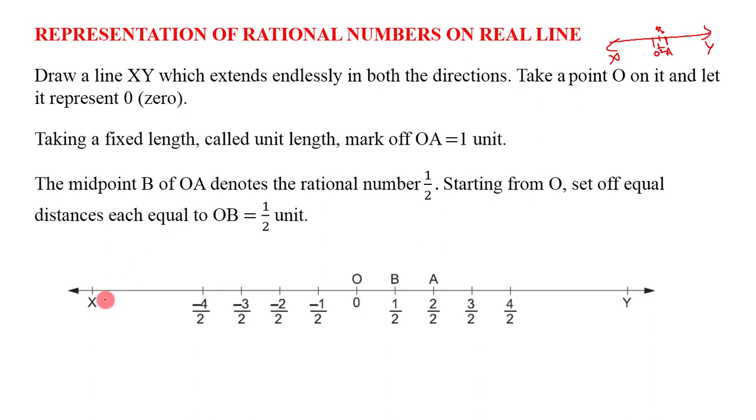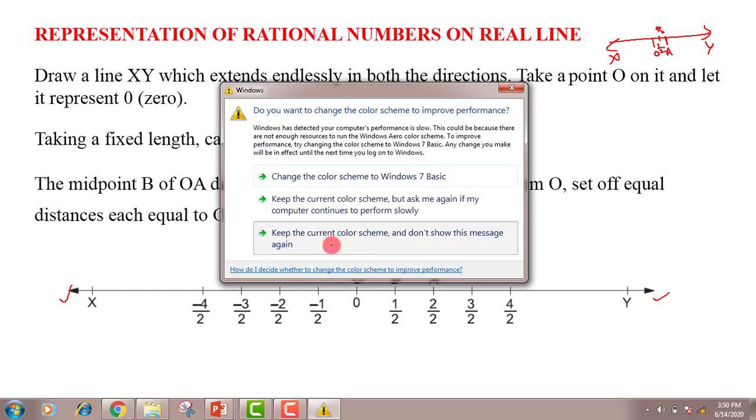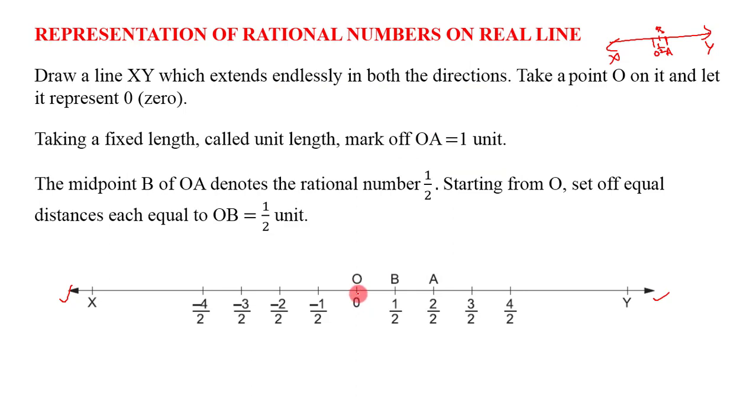I firstly have drawn a line XY which extends endlessly in both directions. These arrowheads represent that this line extends endlessly in both directions. Then I took a point O and considered it as 0, and I took a fixed length OA as 1 unit.